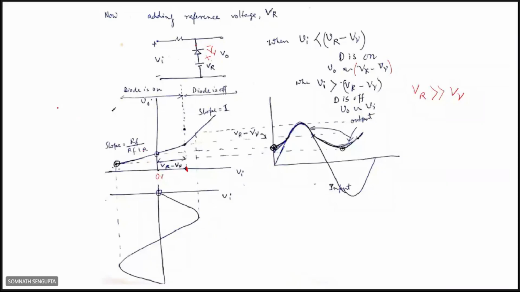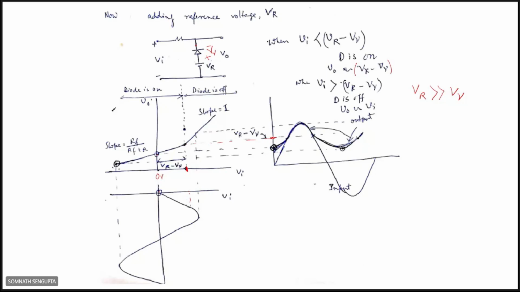So if you draw the transfer characteristics and map each and every point of the input onto the transfer characteristics, from there you draw the output characteristics. This point is this one, then this point is this one.